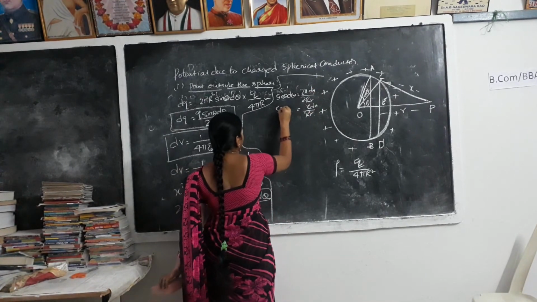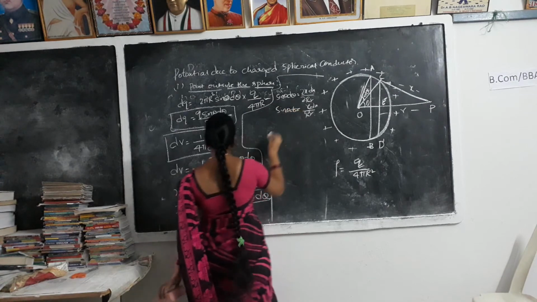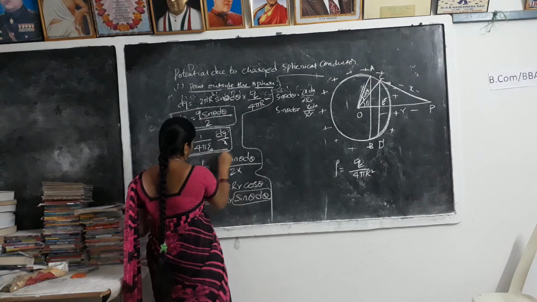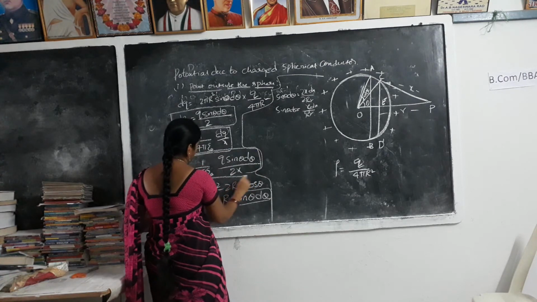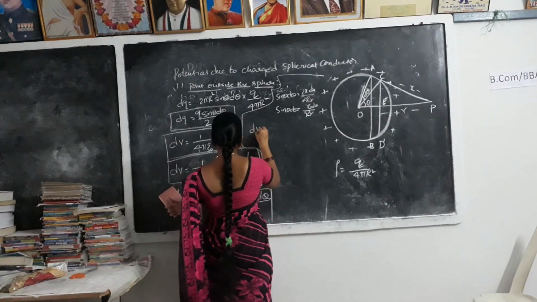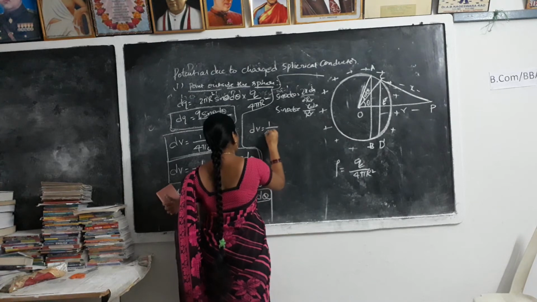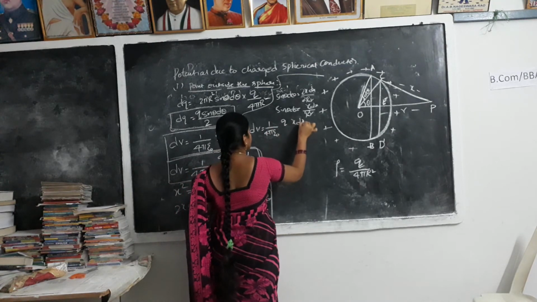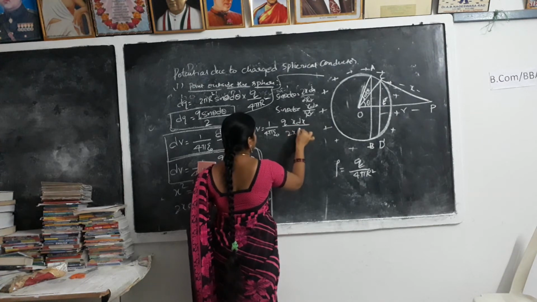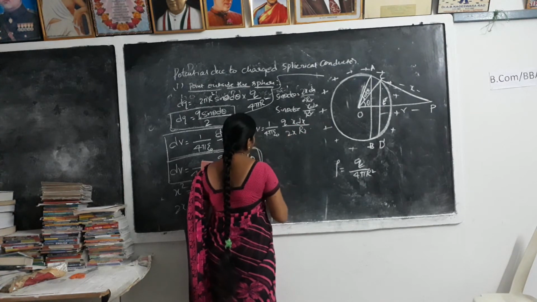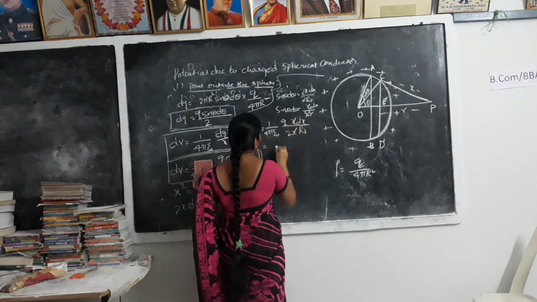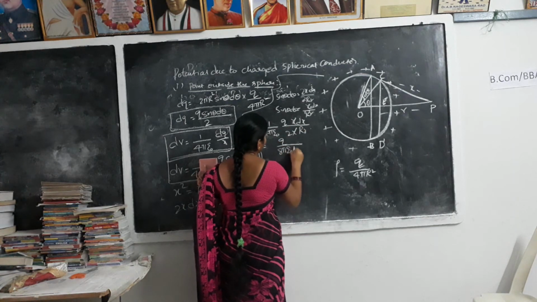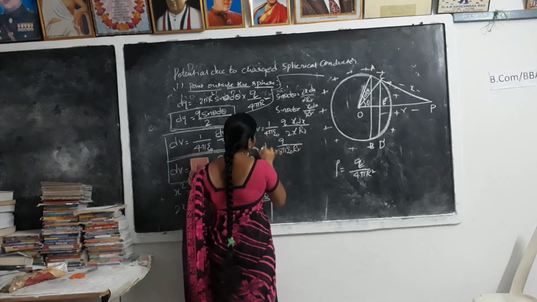Then substitute this sin theta d theta in the equation for dV. Then dV equals 1 by 4 pi epsilon Q x dx by 2x Rr, then Q by 8 pi epsilon Rr. This is dV.